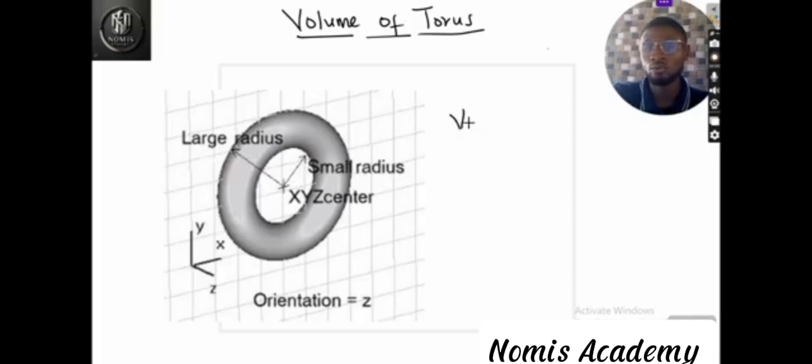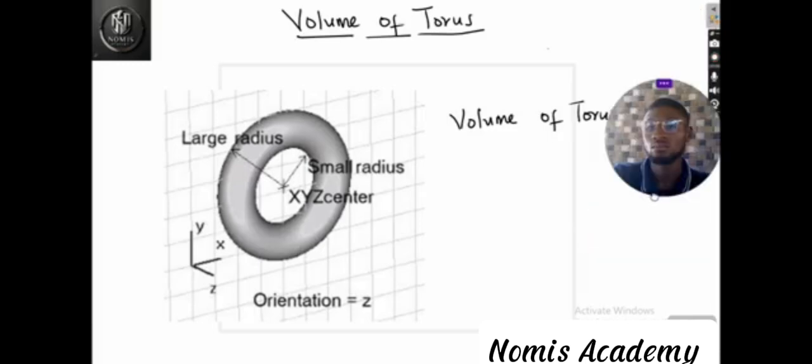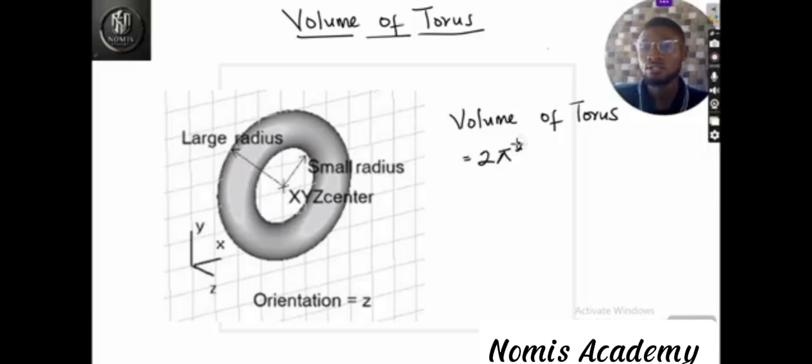Volume of torus is given by 2 pi squared multiplied by R multiplied by r squared.